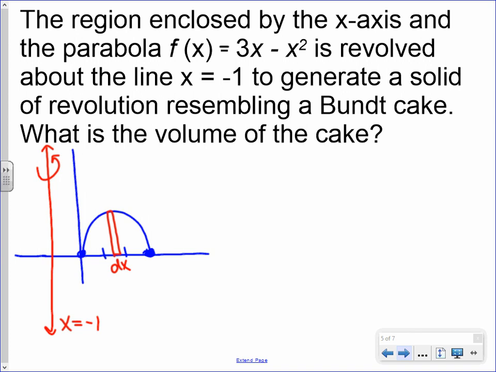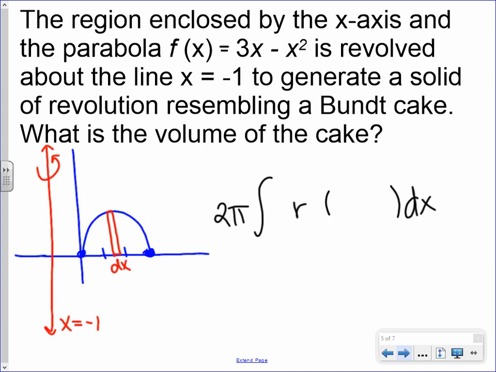Which means we have a parallel rectangle that we're revolving around x equals -1, so we're using the shell method. So we have 2 pi integral of r times h times thickness. Okay, let's talk about our height first. That's always the easiest. It's the height of our rectangle.